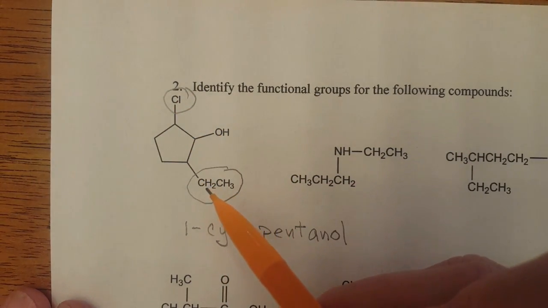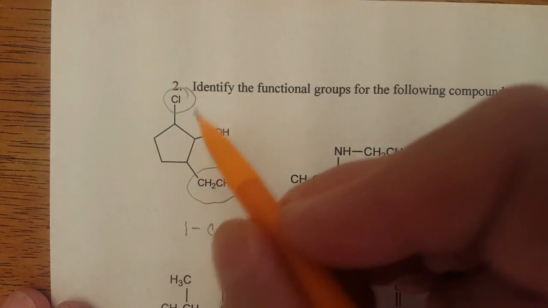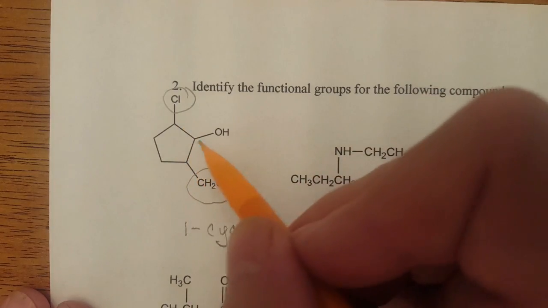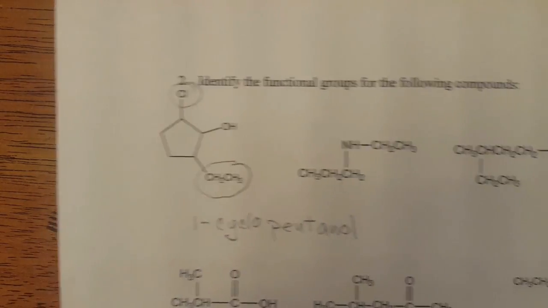C comes before E, so the numbering system is in this direction. So this guy is going to be a 2-chloro, so that comes first.